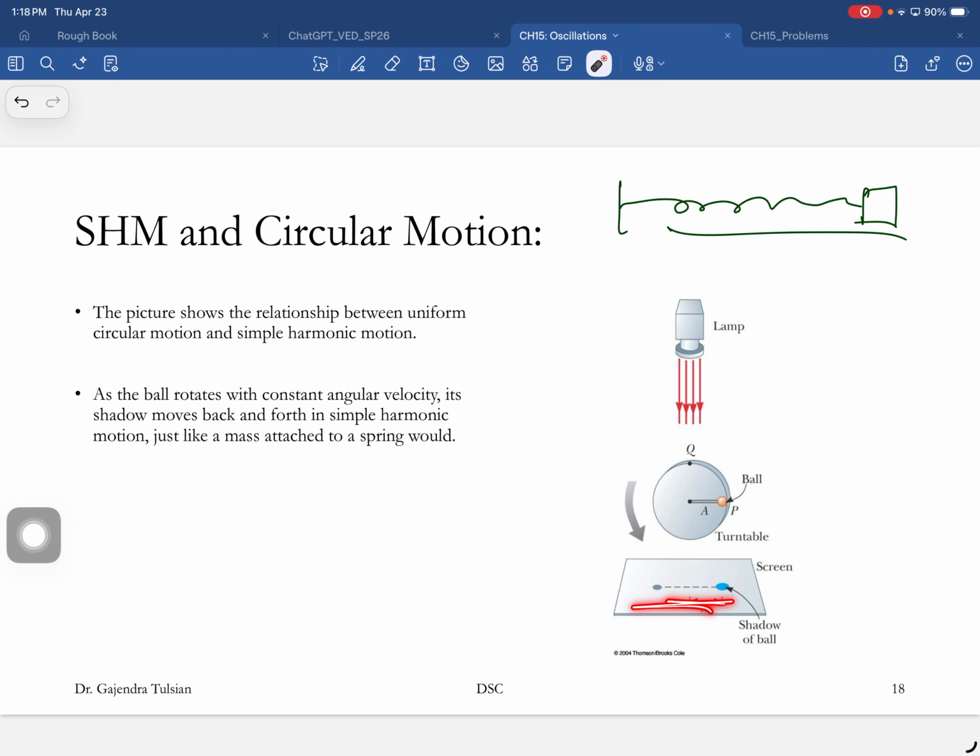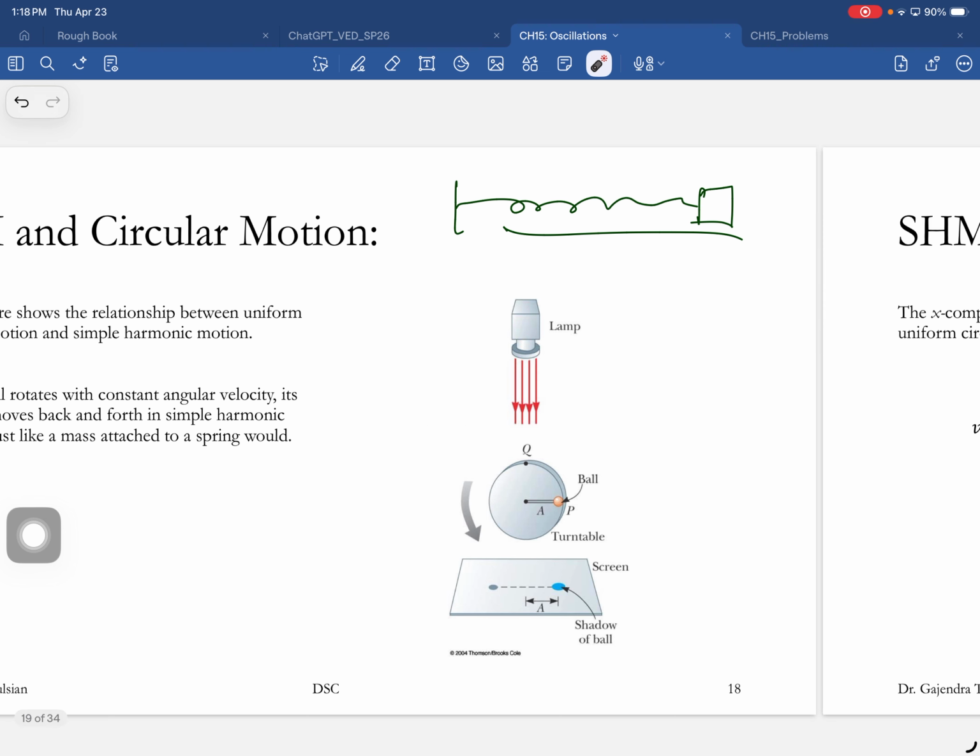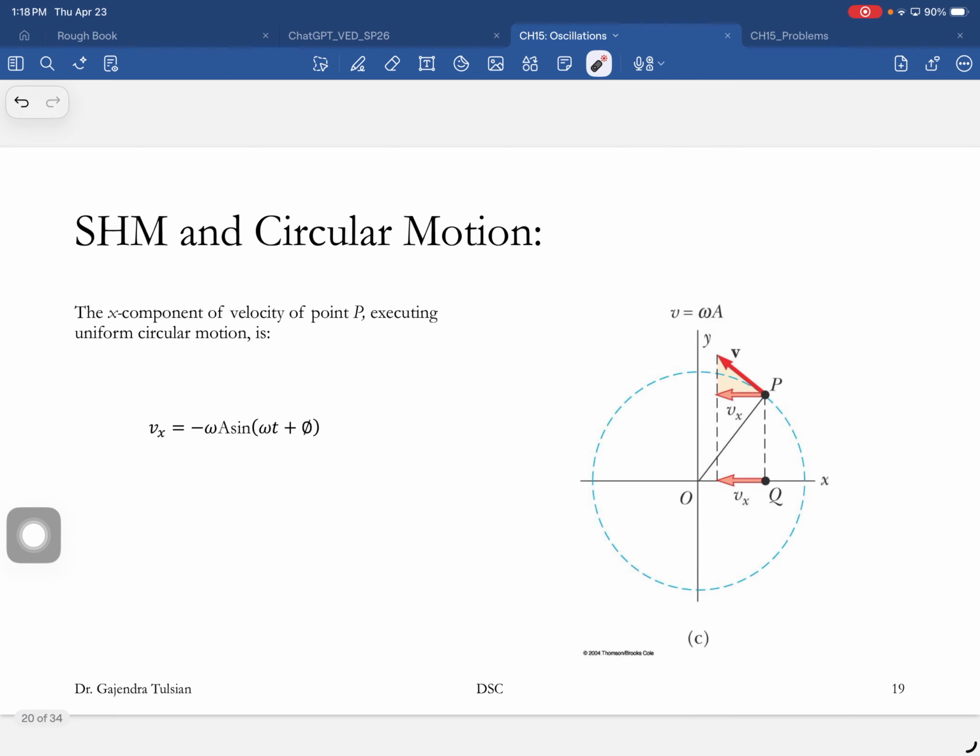For instance, if you remember in the gravity chapter, we talked about how long the International Space Station takes to go around the Earth: 90 minutes. And if you dig a tunnel through the center of the Earth, you'll take 90 minutes to complete one oscillation. So those two motions are related.